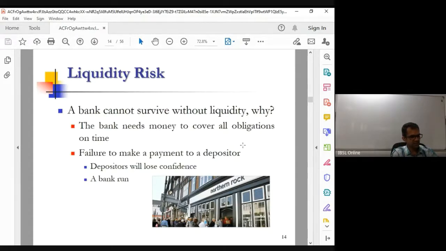Yes, it's not enough, but you have some cushion. Not only that, there are ratios like liquid asset ratios and things like that. The minimum requirement is imposed by regulators just to make sure that each and every bank is liquid, maintained well within limits without causing a problem to the system.